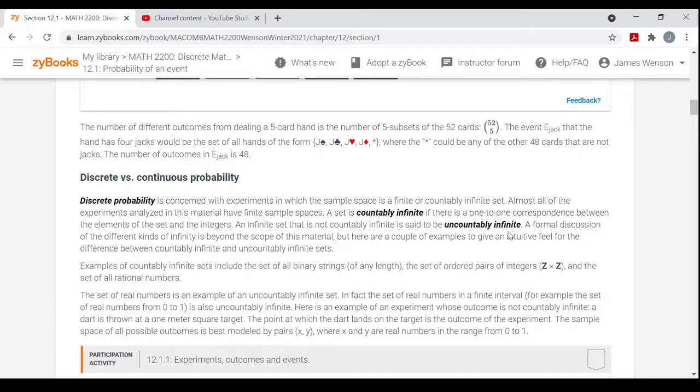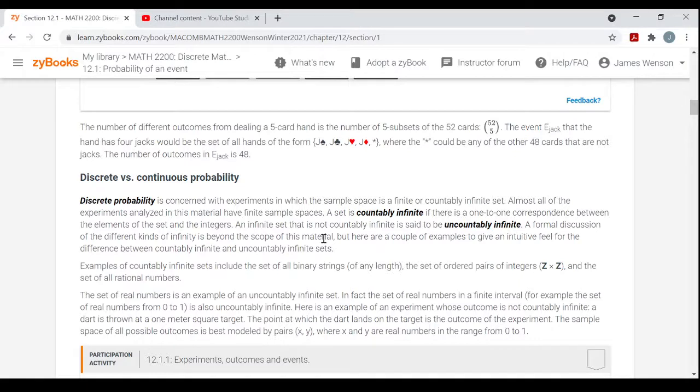Again, we're not going to get into all this. I'll just give you some examples right now. Countably infinite sets are the positive whole numbers, 1, 2, 3, 4, 5, the counting numbers. The integers are countably infinite. You can form a bijection between the counting numbers and the integers. The rational numbers are countably infinite.